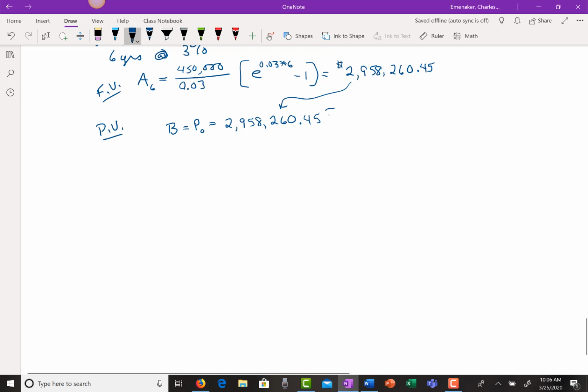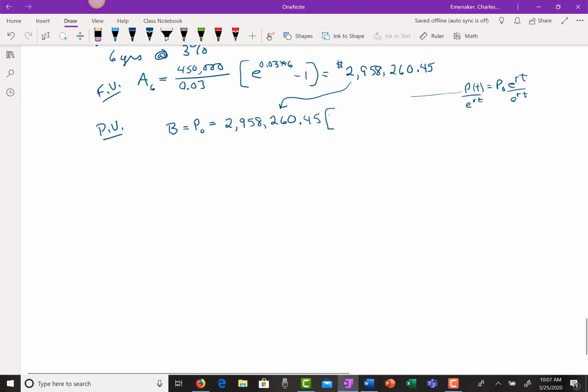Okay, it's going to be this amount times, now be careful, we're going to wind up using P of t equals P sub 0 e to the RT. So what we're going to do is divide by this e to the RT. Remember, we talked about this earlier. And our P sub 0 is going to be the amount that we have in the future.